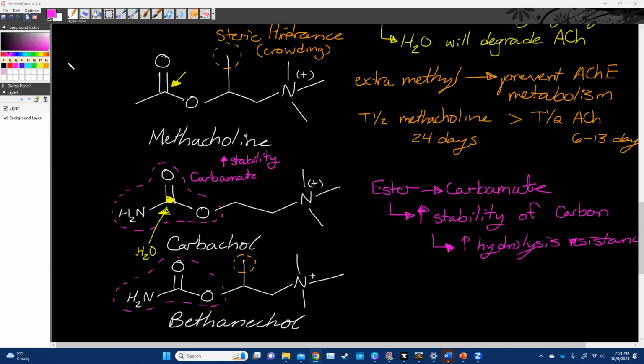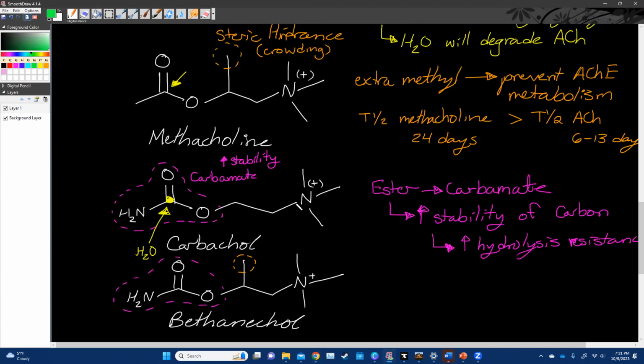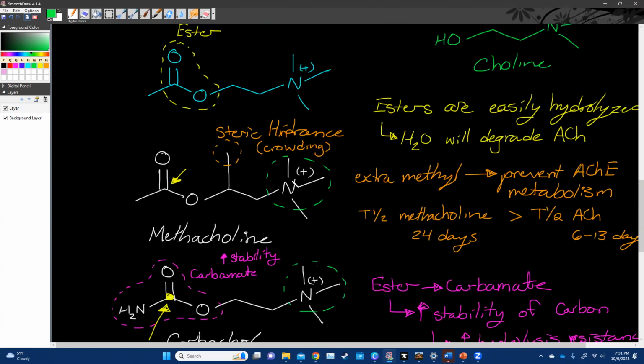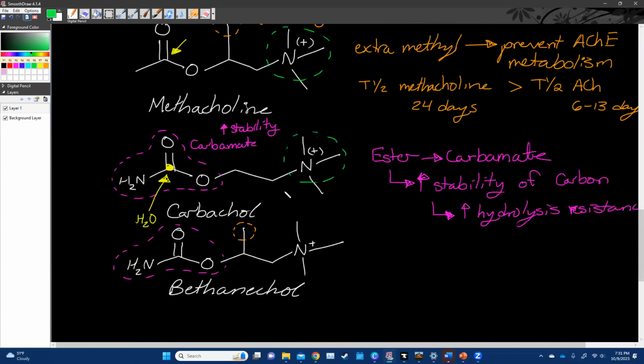All right, let's talk about the last thing that's really, really important for these drugs. That has to do with this positive nitrogen, which you'll notice is both present in the regular acetylcholine and in all of our other drug structures: the methacholine, the carbachol, and bethanechol. So all four of them have the positive nitrogen, which is called the ammonium group.